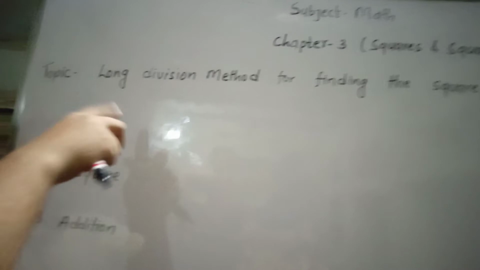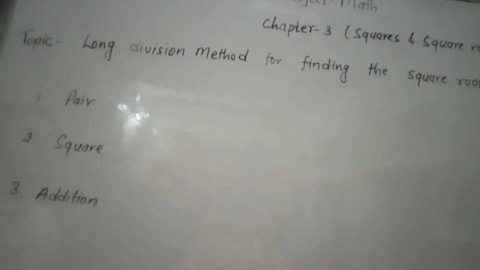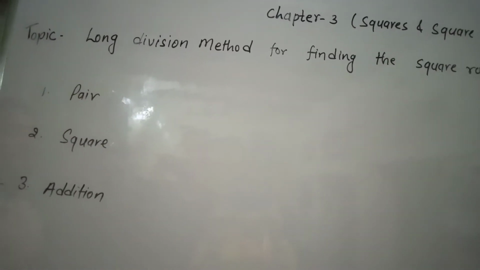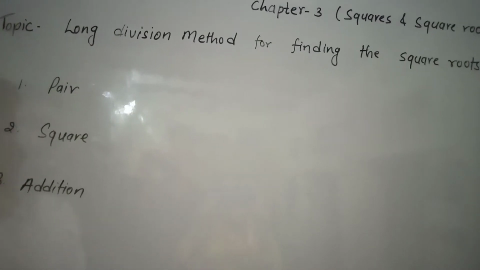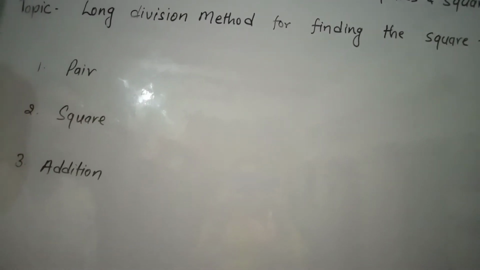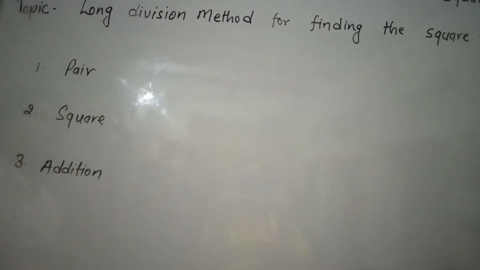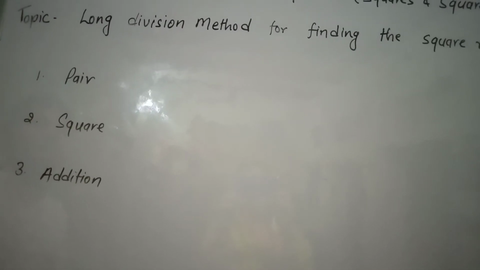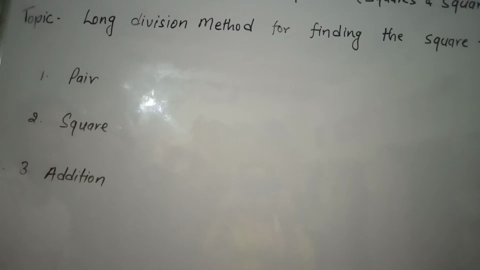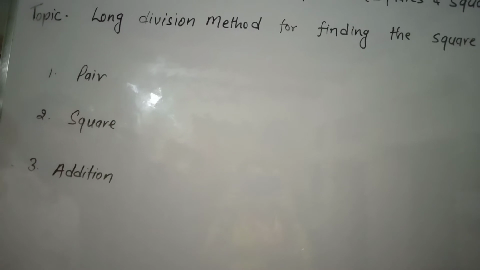This is the long division method. Division will be applied here, but a different type of division, not the normal division. Here we will apply the square of the divisor.